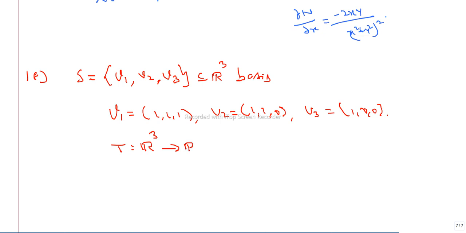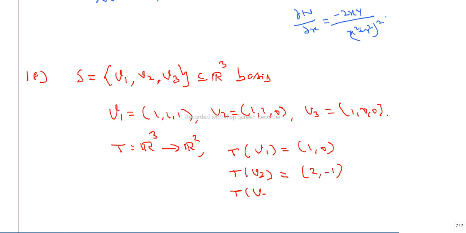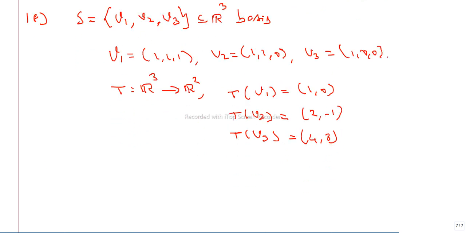It is defined only for the basis elements. So T of V1, the first basis element, goes to 1 comma 0, and then T of the second basis element goes to 2 comma minus 1, and then T of the third basis element goes to 4 comma 3. Now the question is, what is T of this element, 2 comma minus 3 comma 5?